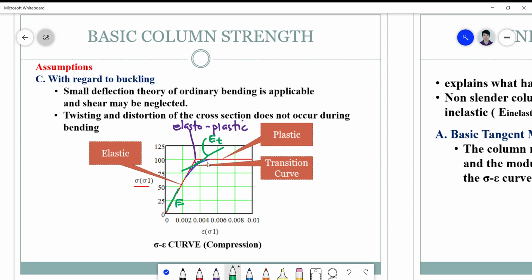Okay, so the fact that the slope of this decreases, the strength of the column also decreases. So we have to find out what really causes this drop on the value of your modulus of elasticity.